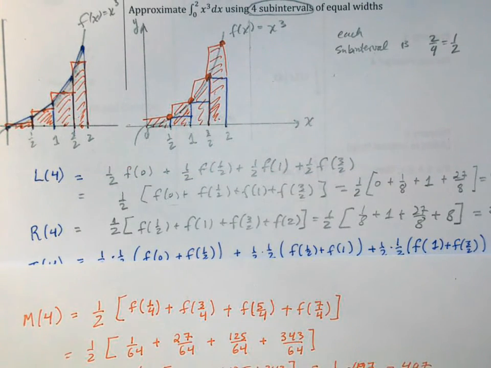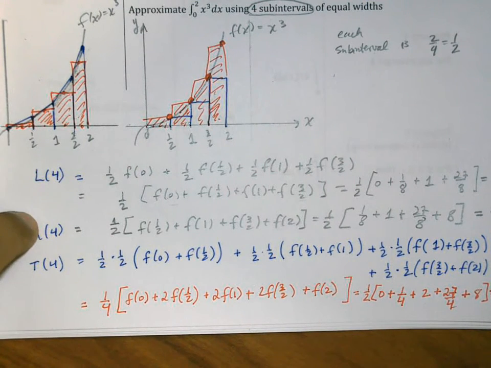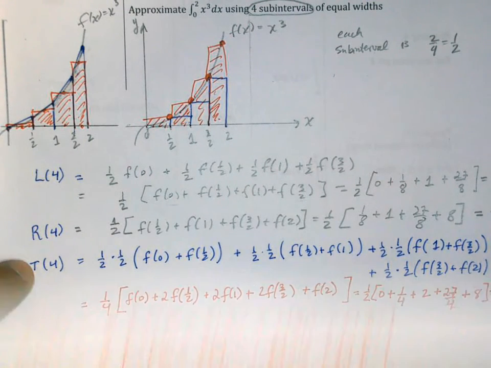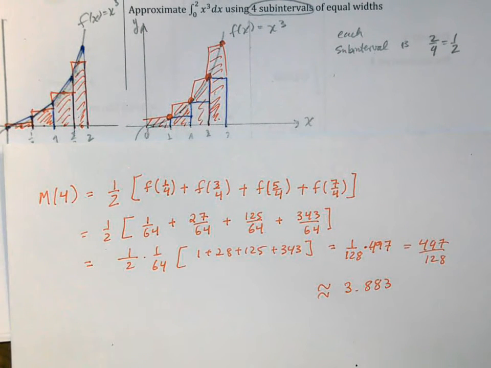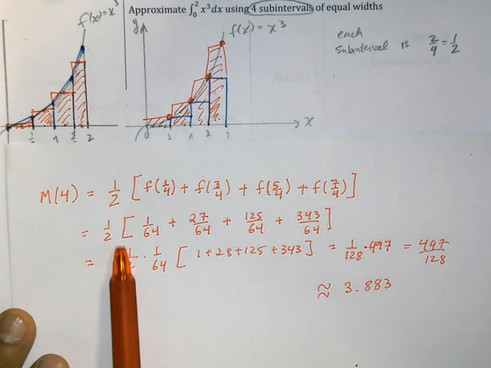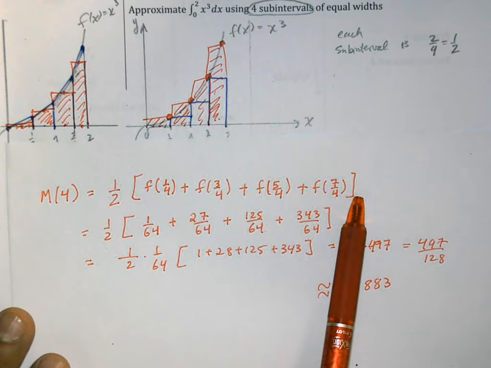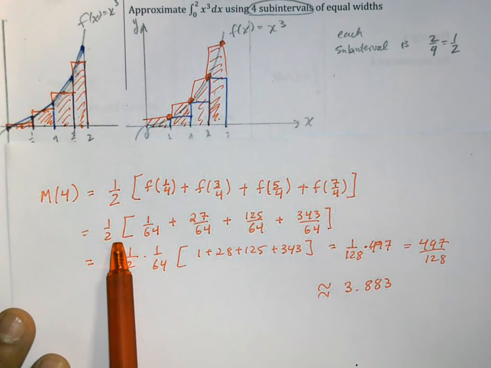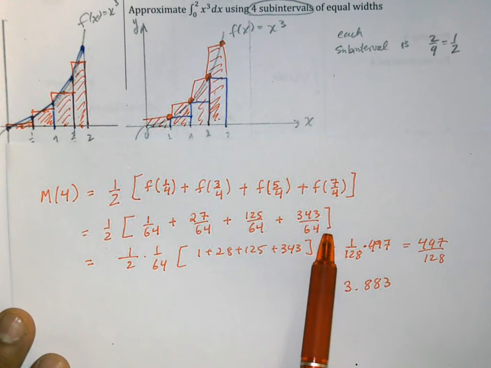So there you have it. All 4 different methods: left, right, trapezoid, and midpoint, of how to calculate this. So this is a little bit tedious, but it's important for you to understand how to do these calculations. It's important for you to be able to express this expression right here in terms of f, and then also maybe do some extra calculations and express this right here.